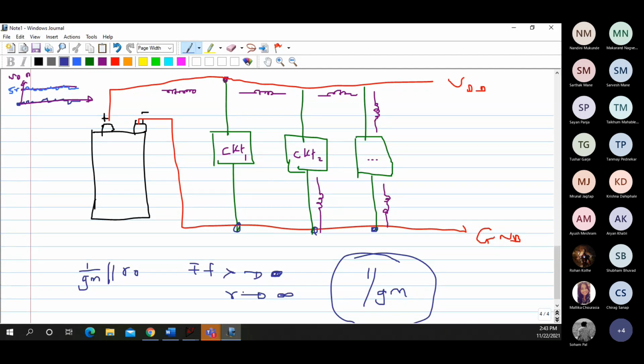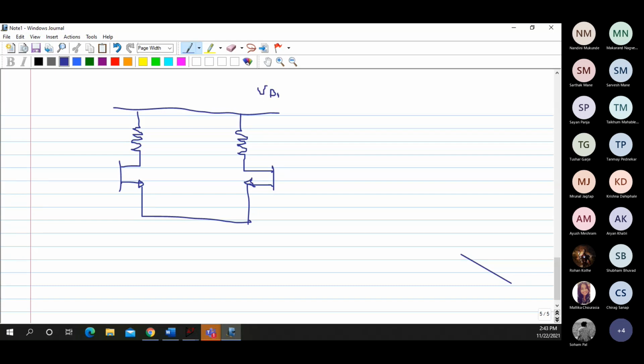So I'll tell you here. So let's say if this is your differential amplifier. Okay, so this is your RD.